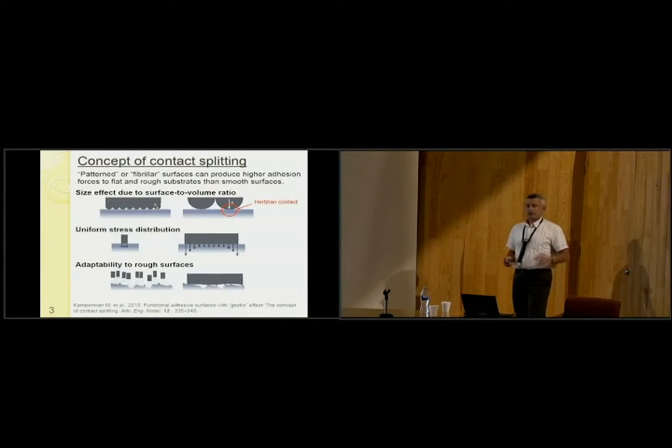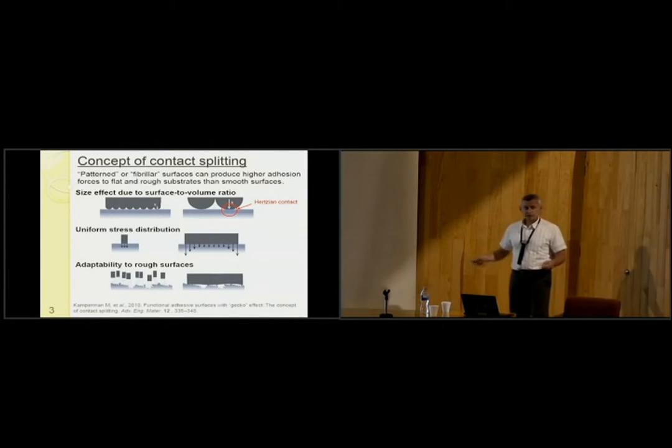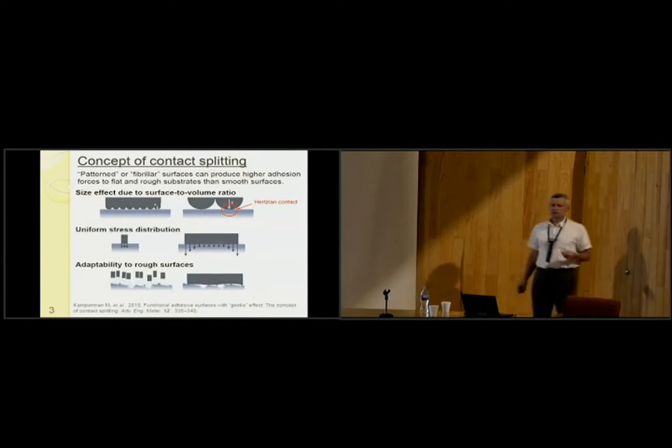So adhesion properties change due to this effect. But in my talk, I will consider only non-adhesive contact, and for simplicity, it will be Hertzian contact. The concept of contact splitting is based on JKR, Johnson-Kendall-Roberts theory of adhesion, and this theory is based on Hertzian contact.